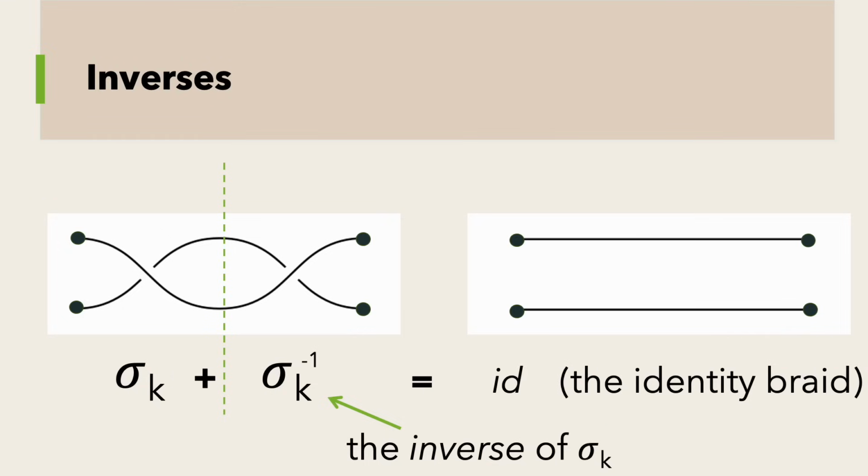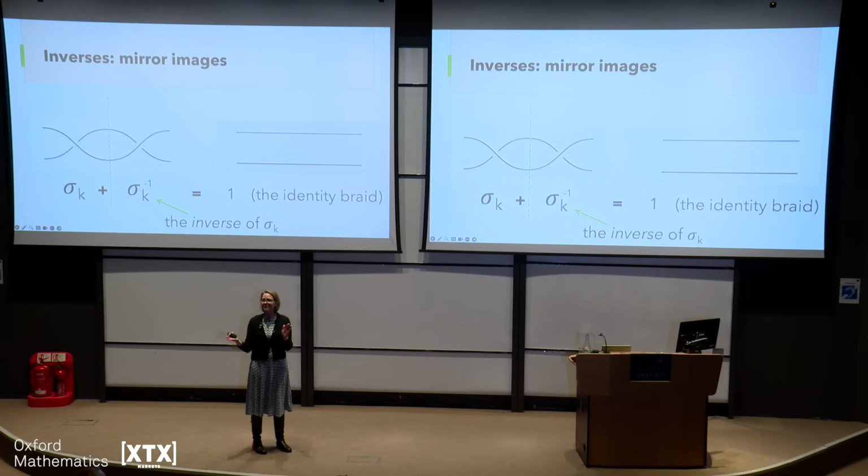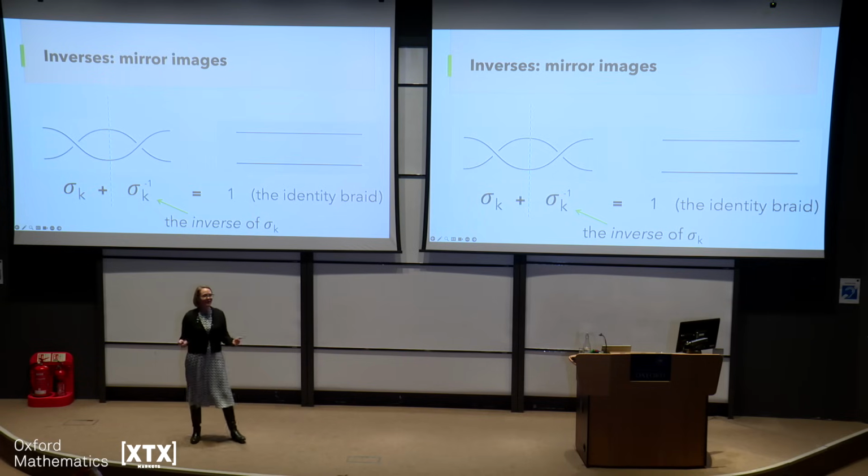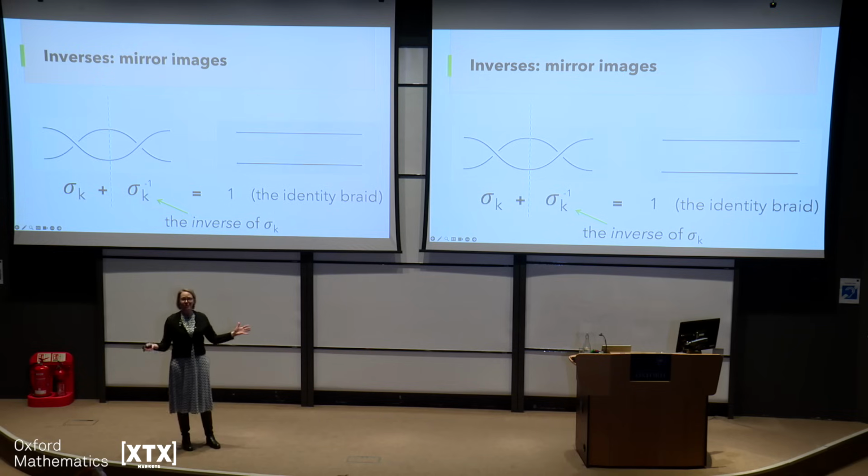One thing we can notice right away is that this dashed line shows us that the inverse of sigma k is nothing other than the reflection through a mirror. And actually, if you think about it, that's going to give us inverses in general.